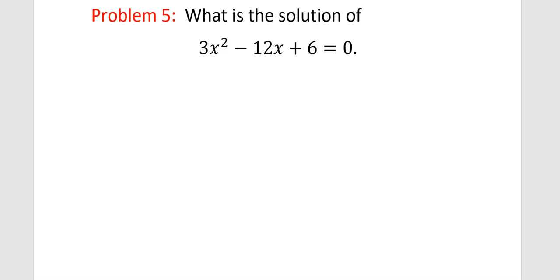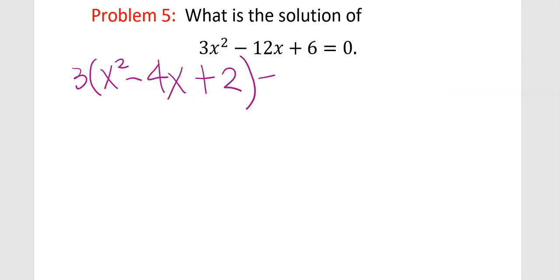So when we look at it, I'm looking at that 3 at the beginning. I don't really like the 3. If you can take that 3 out, do it. So I'm going to take a 3 out at the beginning. Like that.